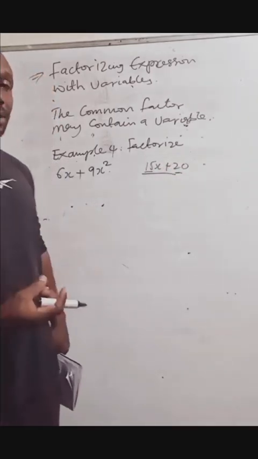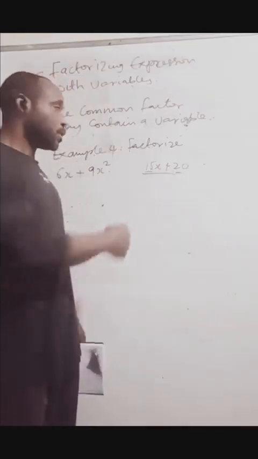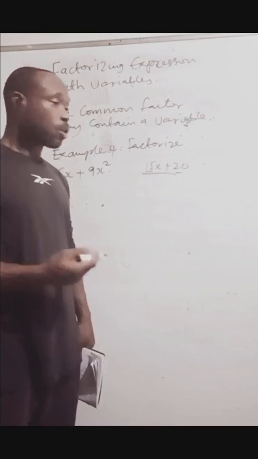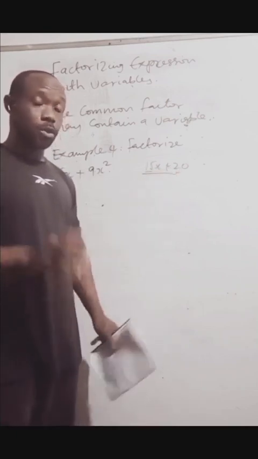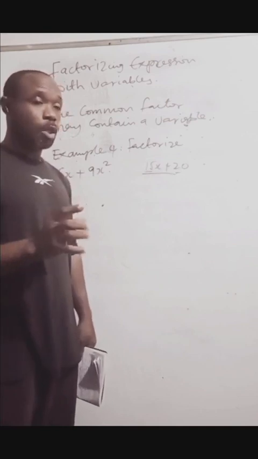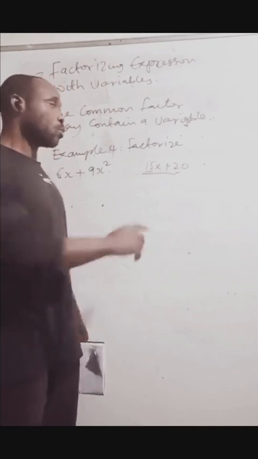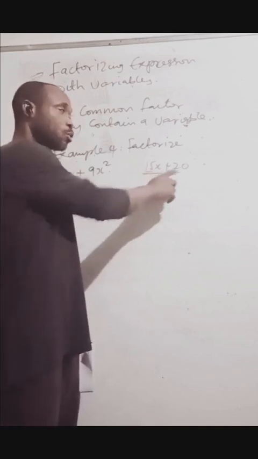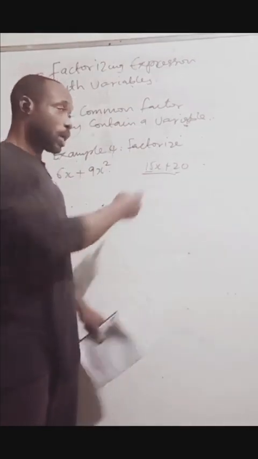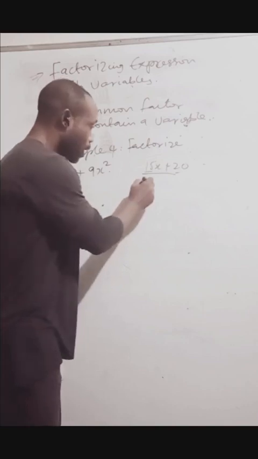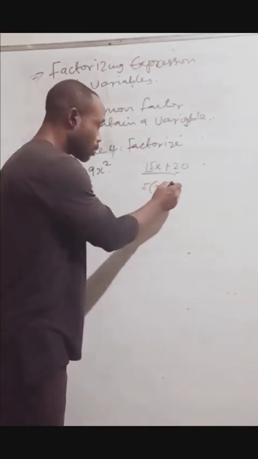So in that case, the factor cannot contain the variable x because 20 does not have a variable. So I want you to take note of that. So that is why our highest common factor for 15x plus 20 was 5. So we now express this as 5 multiplied by 3x plus 4.